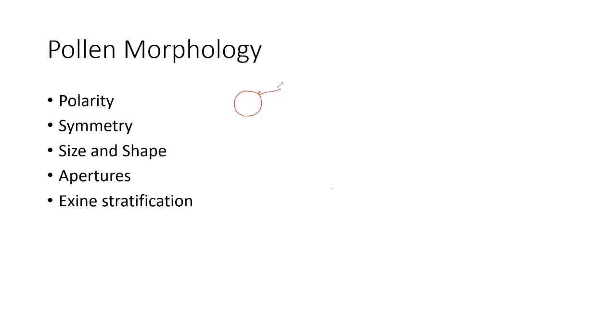If this pollen wall is exine, and there is an inner wall which is intine, so exine and intine, these are the two layers present in the sporoderm, or it is simply called the pollen wall. Pollen wall or sporoderm.